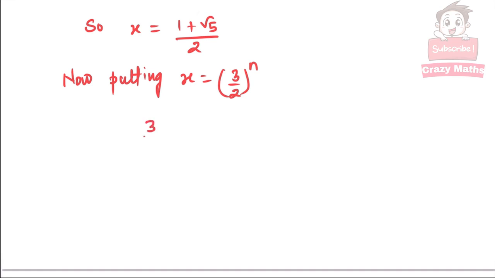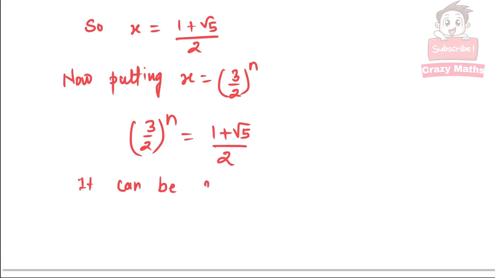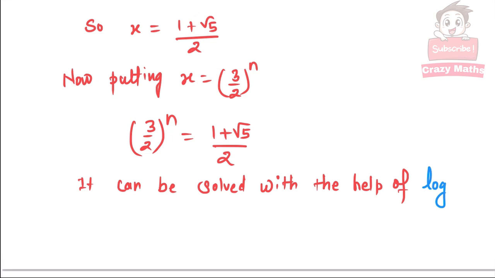Then the equation becomes 3 by 2 power n equal to 1 plus root 5 upon 2. It can be calculated by taking log on both sides. We have to use logarithm. It can be solved with the help of log.